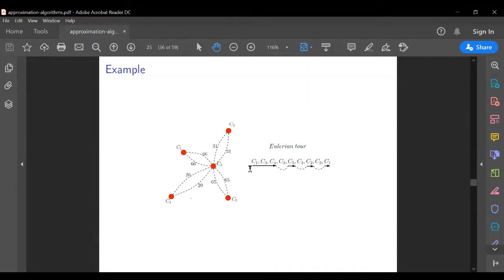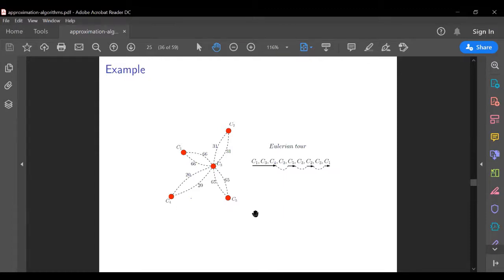I started with C1, ended with C1, and all the edges have been visited. How many have I got? 1, 2, 3, 4, 5, 6, 7, 8. That means 8 edges I have visited. All 8 edges have been visited.